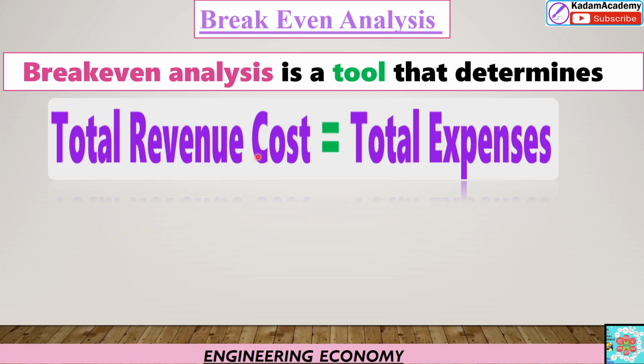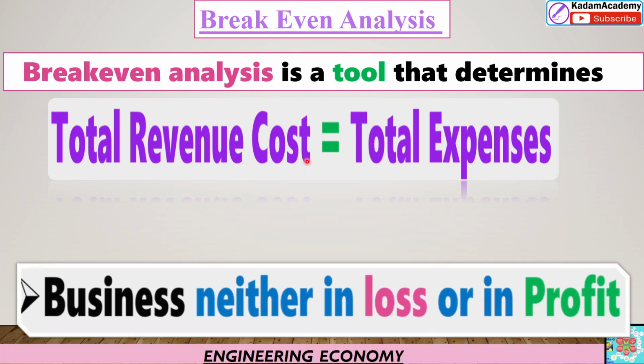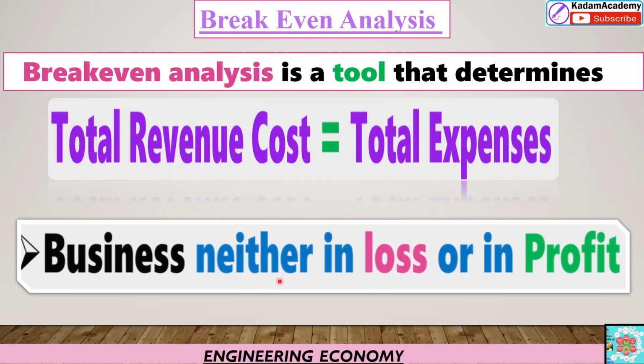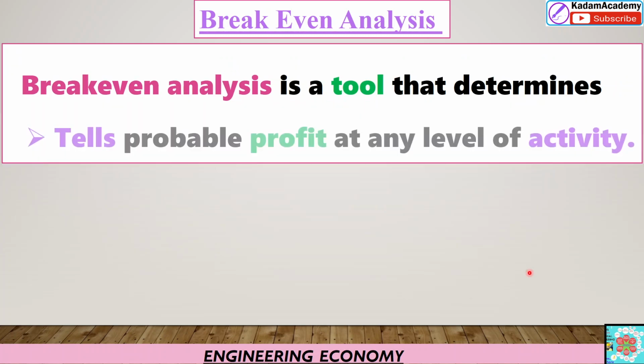So when the revenue generated is equal to expenses, that means suppose 1000 is revenue generated and the total expenses till date for the manufacture of that product is 1000. In that case, there is no loss, no profit. So friends, that business is neither in loss nor in profit. That is the break-even analysis, and that point where there is no loss, no profit is called the break-even point.